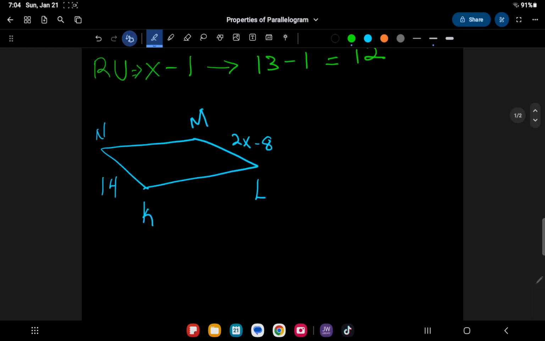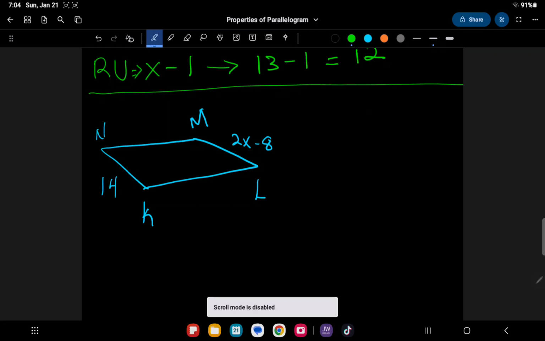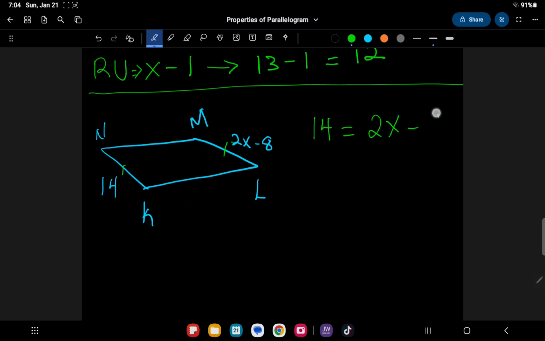I have this parallelogram here and I need to solve for x. Again, the property says that parallel lines are congruent. So I can set up my equality. So I can make 14 equal to x minus 8 and then solve for x. So I add 8 to both sides.